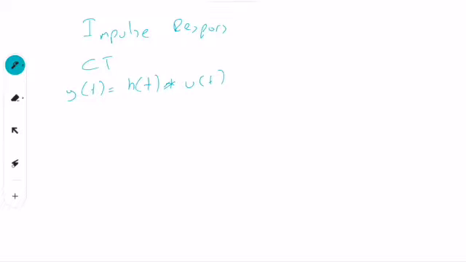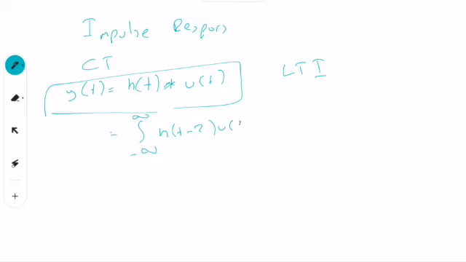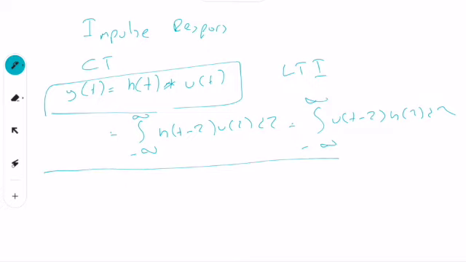If we can write y of t using this relation, we know that the system is linear time invariant, because the convolution operation is simply an integral, h of t minus tau, u of tau, d tau, from minus infinity to infinity, or similarly, because we know it's commutative, u of t minus tau, h of tau. So this representation is specific to linear time invariant systems. As you can see, the impulse response in its original form is applicable to linear time invariant systems.